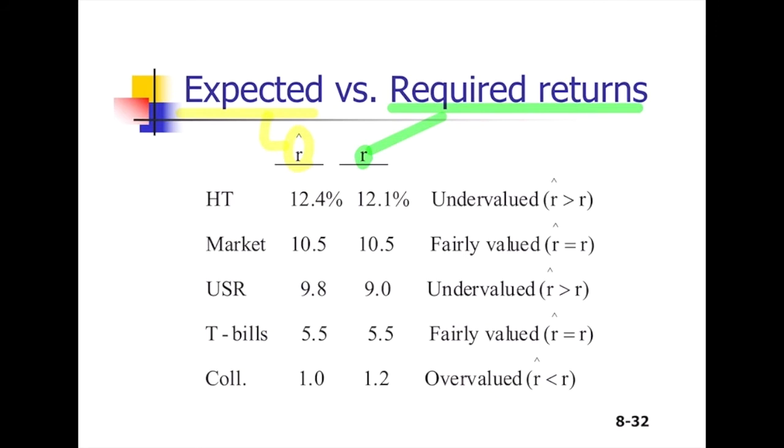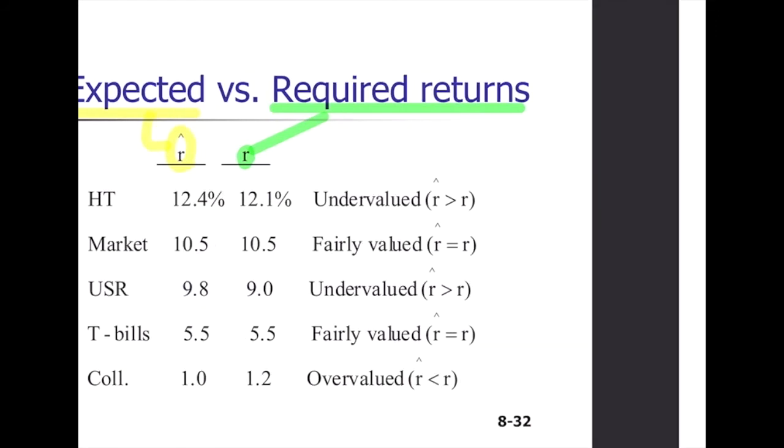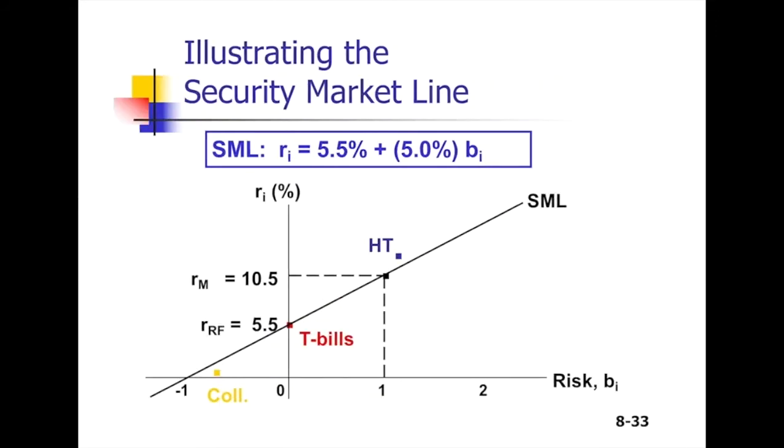And this relationship is also expressed using security market line. This is the security market line, and security market line can be expressed as this: RRI is equal to risk-free rate plus market risk premium and individual stock's beta, right? And what about high-tech company?